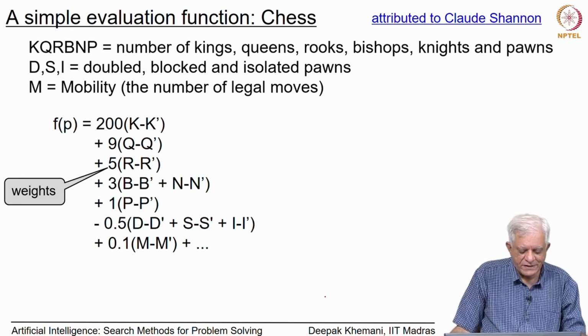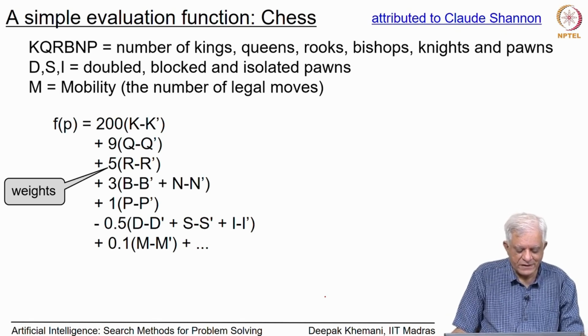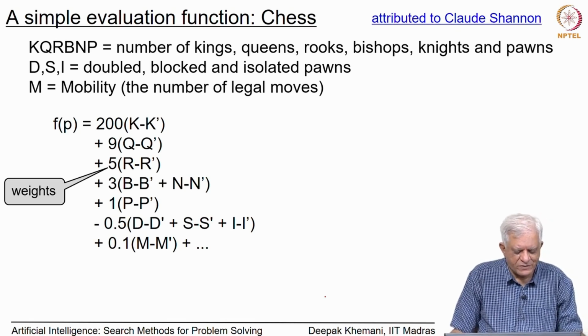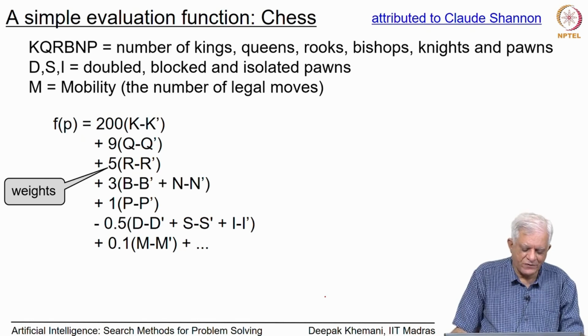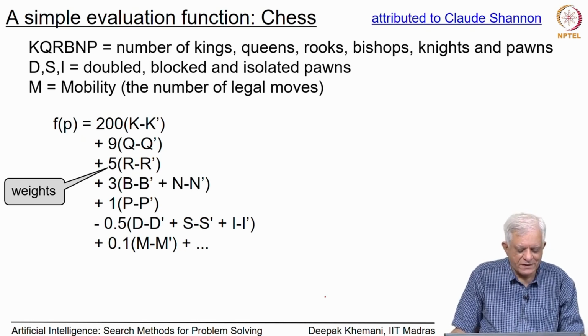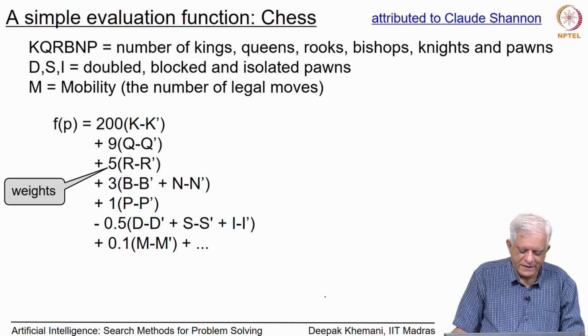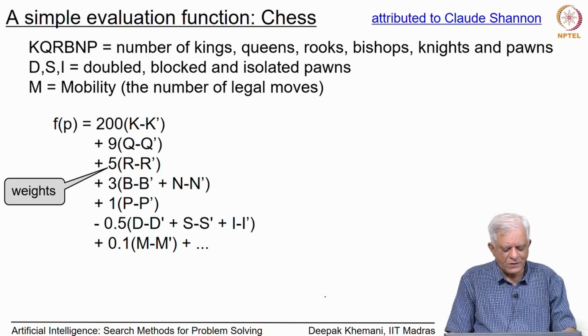The numbers that you are multiplying these differences with, 200, 9, 5, 3, 1 and so on, are the weights that you assign to each piece. Many chess players would say that a rook has a weight of 5 on some scale, on which queen has a weight of 9, the bishop and the knight have weights of 3, pawn has a weight of 1 and so on.